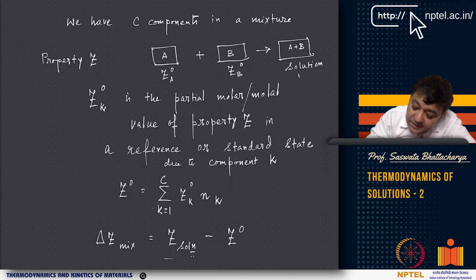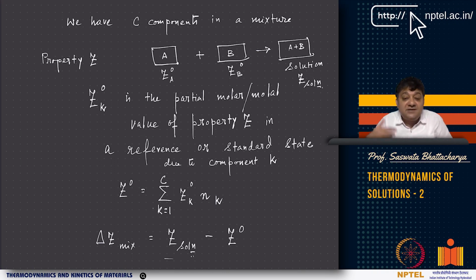In that you may have a property which is say Z, or Z solution. Let's call it Z solution. Now Z solution minus Z naught is the delta Z mix. That is the change in the value of property Z due to mixing. Okay.